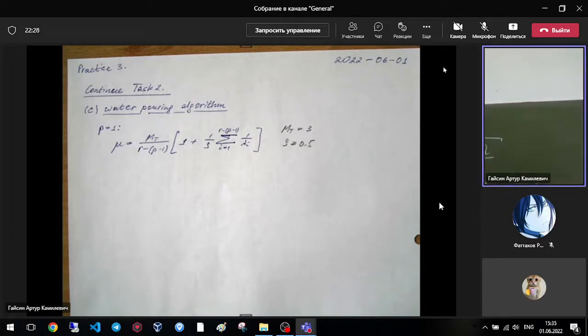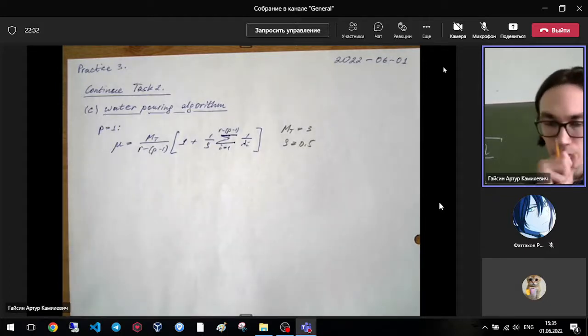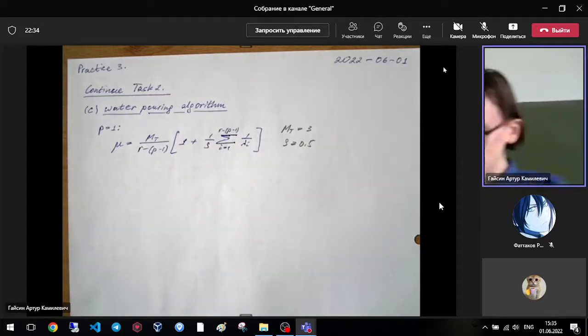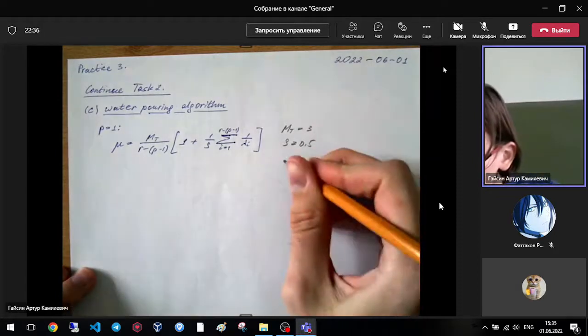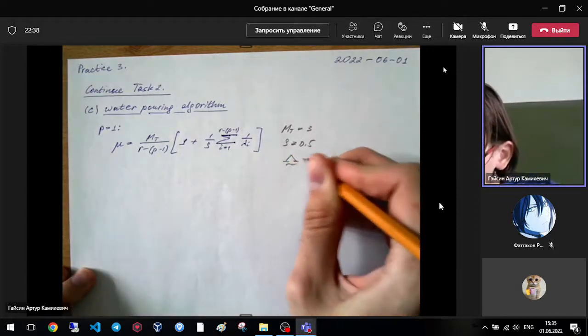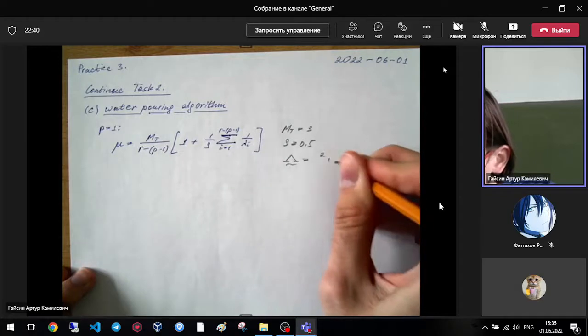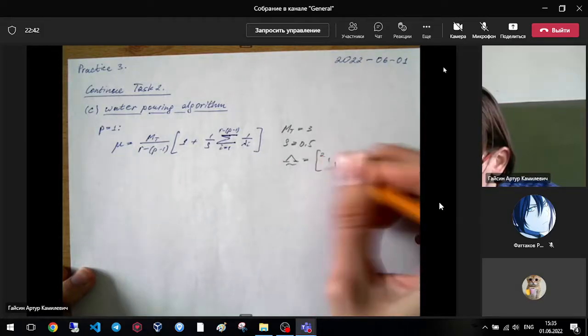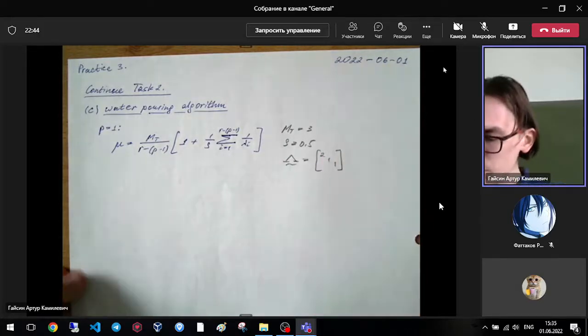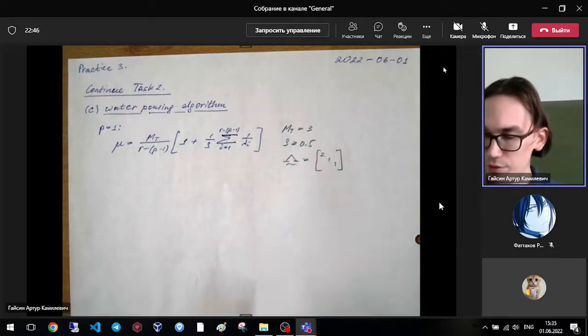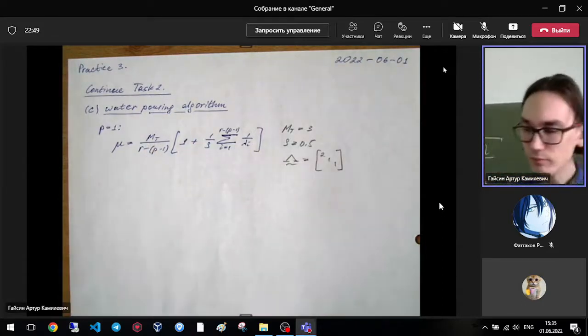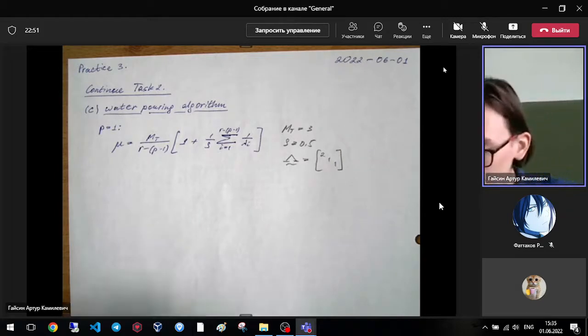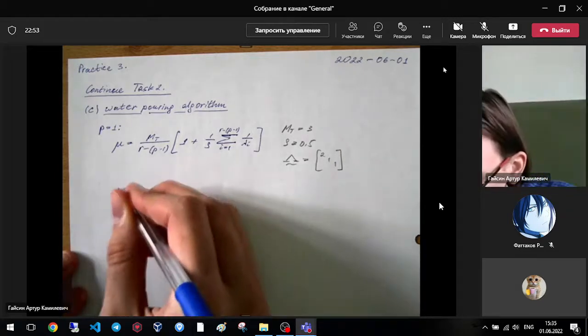Yes, from subtask A, you can see that this signal to noise ratio is equal to 0.5. And then the matrix of eigenvalues is 2, 1, and 1. So let's put these values into our general formula for water level.